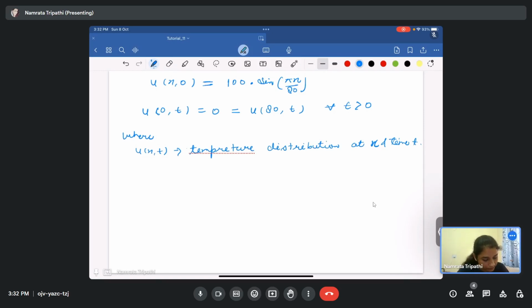So again we will start with variable separable method, set up the SL problem for the variable x, and by the principle of superposition you can obtain the u(x,t) solution. I'm skipping this part because we have already done it in the previous question, just the difference in boundary condition. In the previous one there was cos in the solution, so in this case there will be sine. You can check because we have already done this many times.